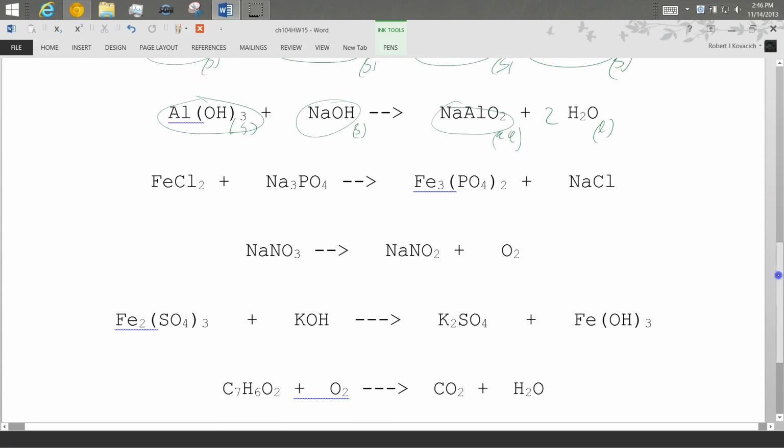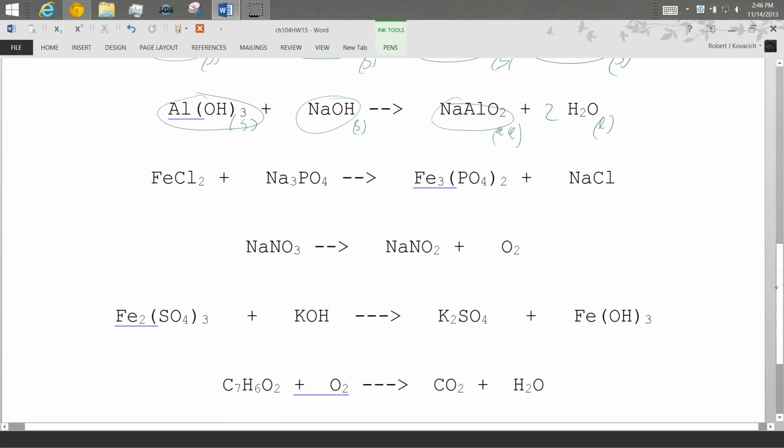I should have had you name all of these. That would have been better. So balancing this, I've got 3 irons on the right, so let's put a 3 in front of the Fe here. My sodiums, I have 3 on the left, so let's put 3 on the right. And, well, let's use that little rule thing about the phosphates. Remember that?